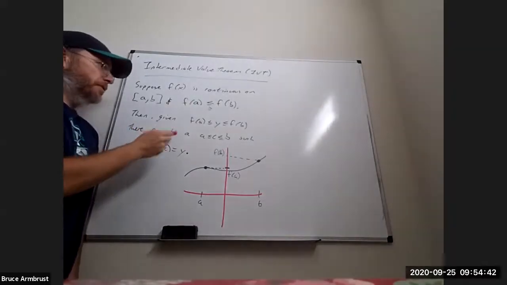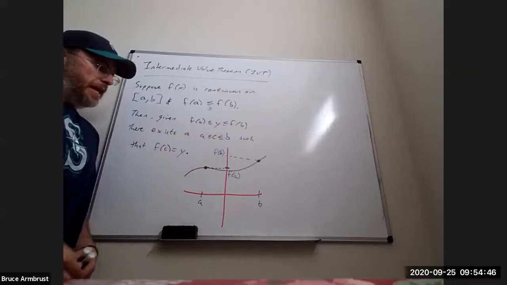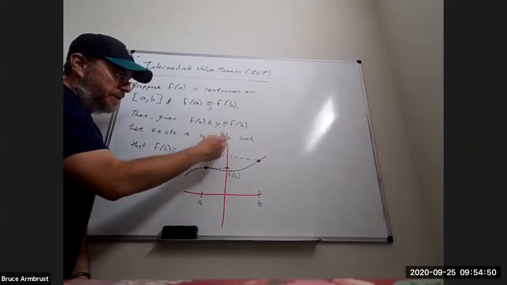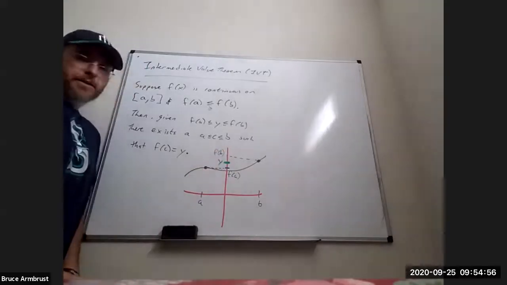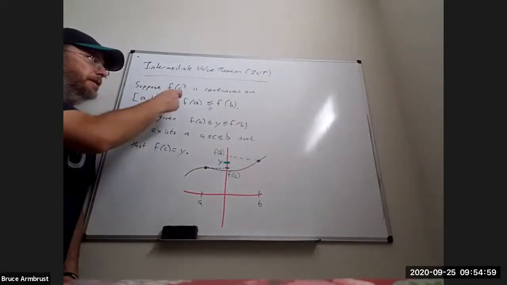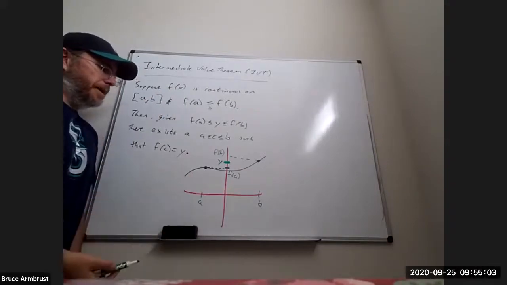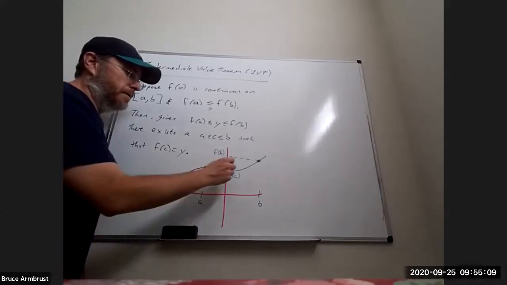Now, notice what this is. You give me a y that's somewhere between f of A and f of B. So how about this one right here? There's y. What the intermediate value theorem tells me is that there's going to be somewhere between A and B such that when I plug it in, I get the value y.